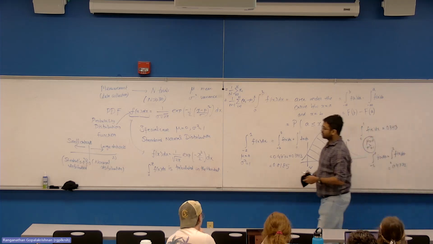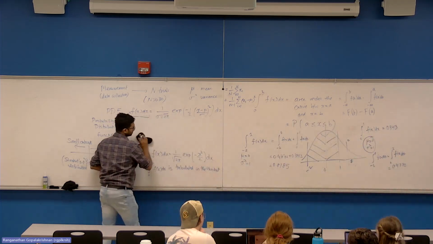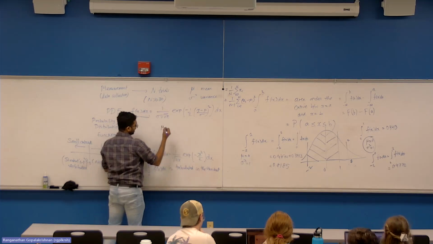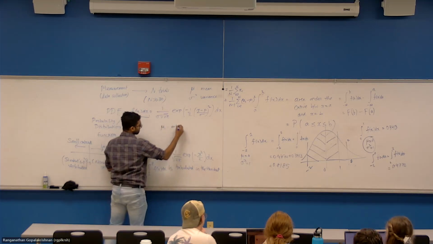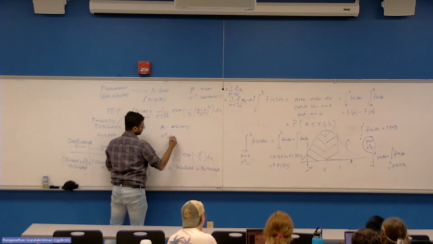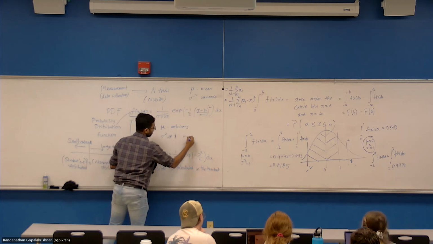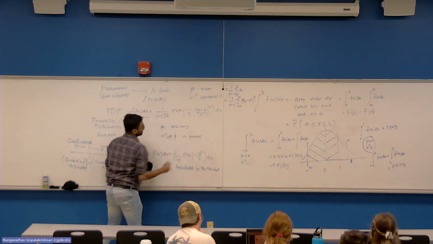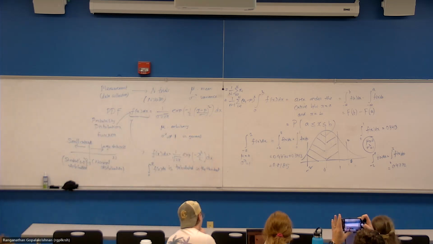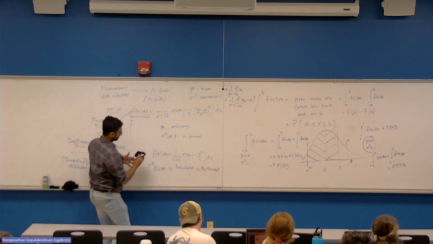The last concept we saw is what if we are not dealing with a special case, but mu is any arbitrary value and sigma squared is also not equal to 1 in general. Then what happens? So here you have this distribution.